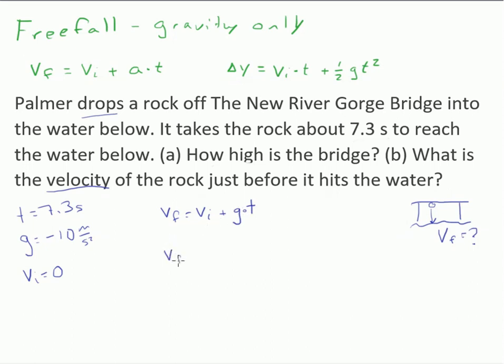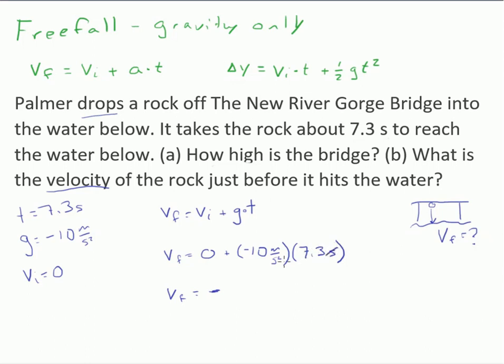So VF, final velocity, is 0 plus negative 10 meters per second squared times the time of 7.3 seconds. Alright, so final velocity then is equal to negative, the 0 is not there anymore, negative 10 times 7.3 seconds.